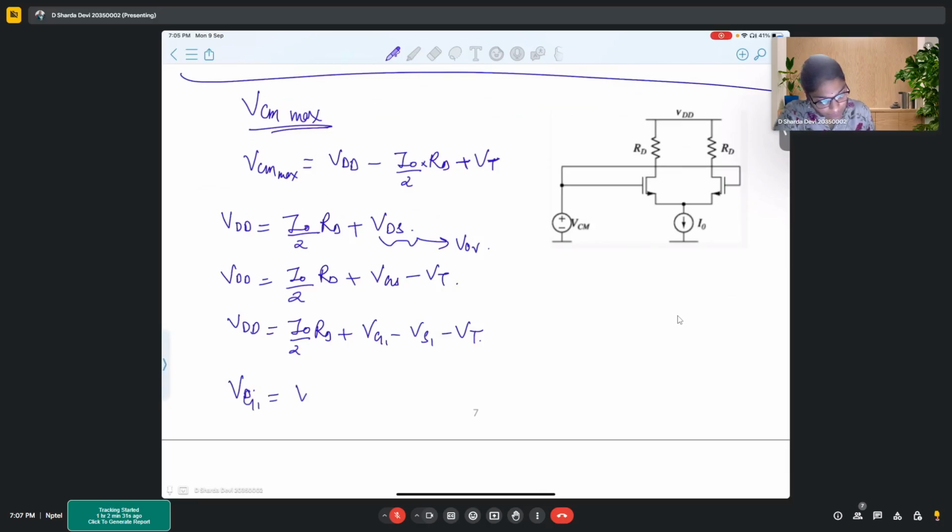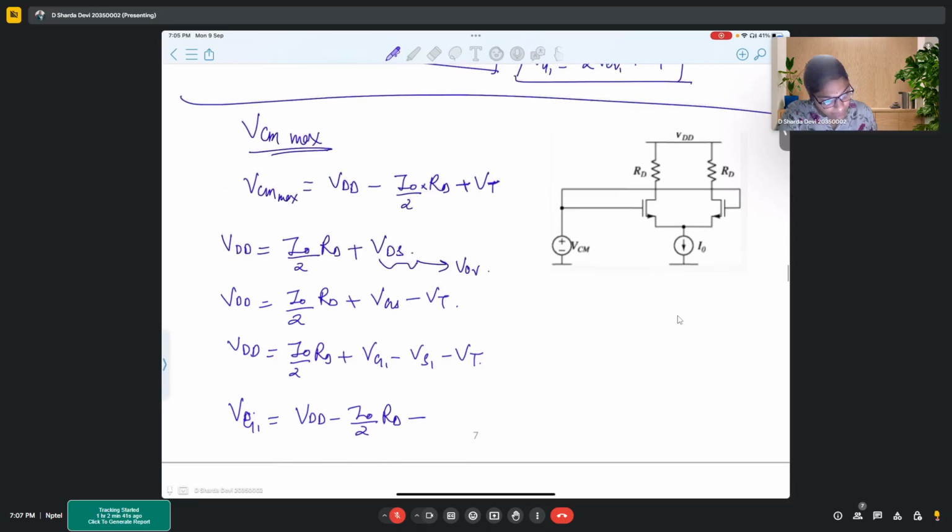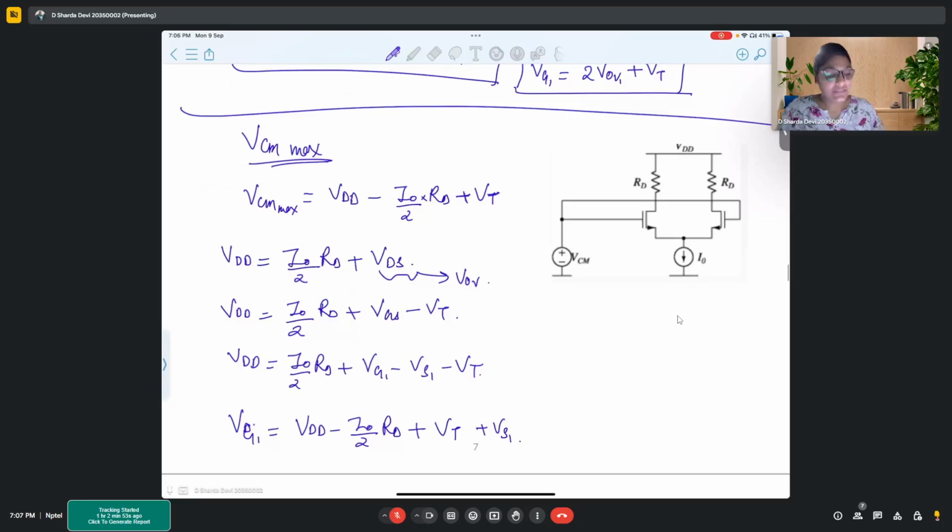So VG1 is VDD minus I0 by 2 RD plus VT plus VS1, right? But as we considered in the previous question, considering that there is no drop across this lower transistor, that is the current source, this particular current source is ideal.